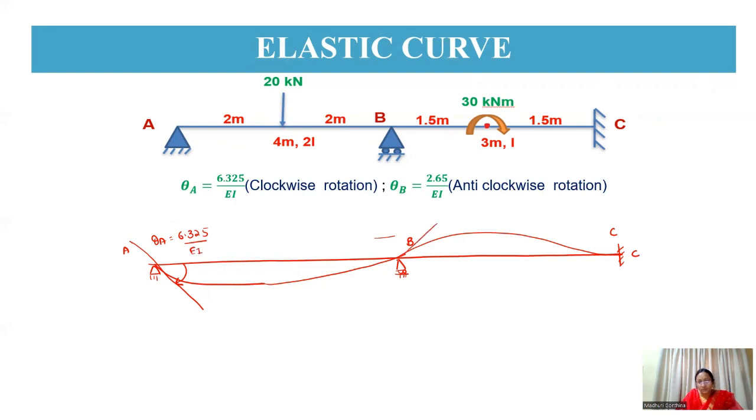Whereas at B, when we draw a tangent, it is in the anti-clockwise rotation, and theta B will be equal to 2.65 by EI. Whereas here theta C will be equal to 0. So this is an elastic curve. At A it is positive, so clockwise. At B it is negative, therefore it is anti-clockwise direction. So this is how you're going to draw an elastic curve for this problem.